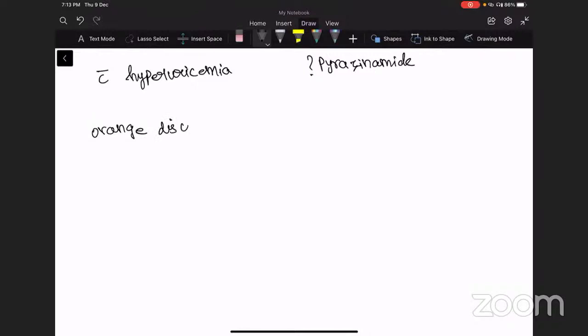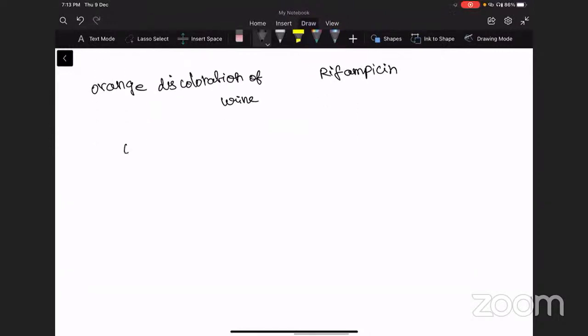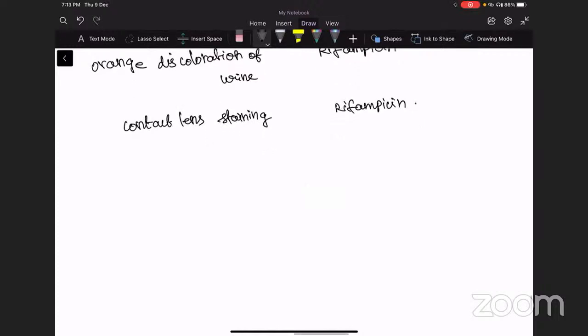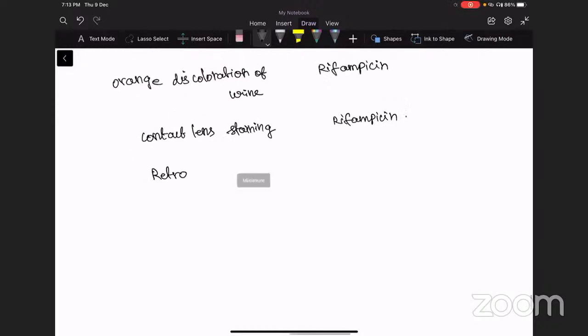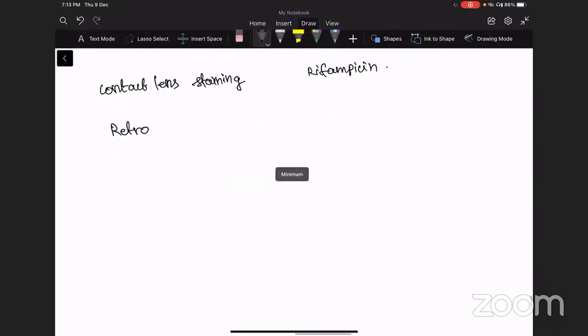Orange discoloration of urine, rifampicin. Contact lens staining, again rifampicin. Correct. The orange discoloration of urine is seen with rifampicin.